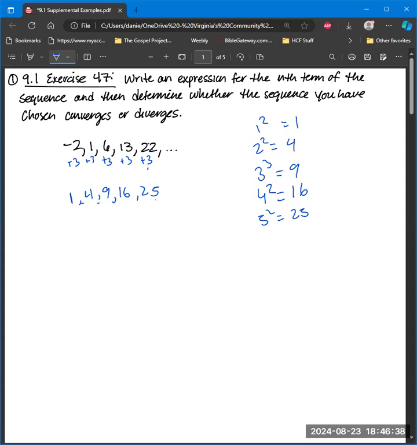I get this list right here. So it appears that the nth term can be written as n squared and then minus 3.